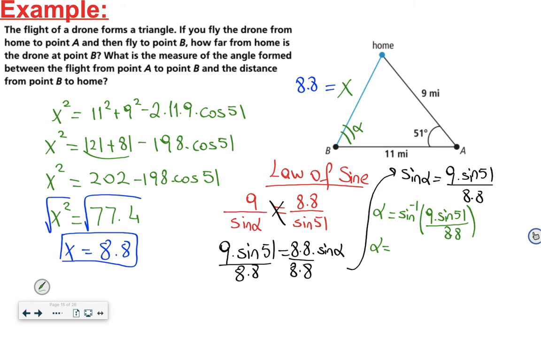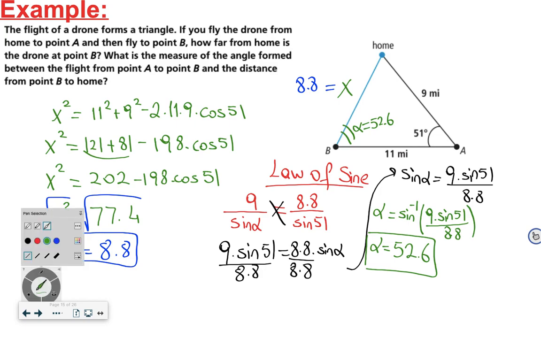Sine inverse 9 times sine 51 over 8.8 is going to give you approximately, if you round to the nearest tenth, 52.6. So this answer is 52.6.